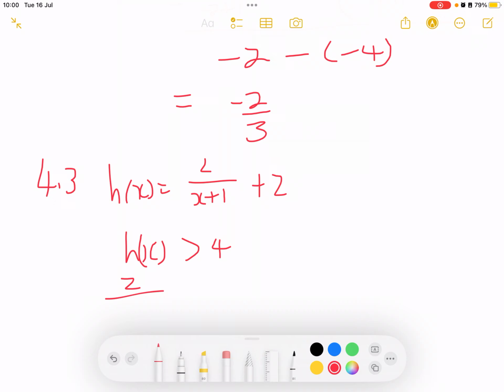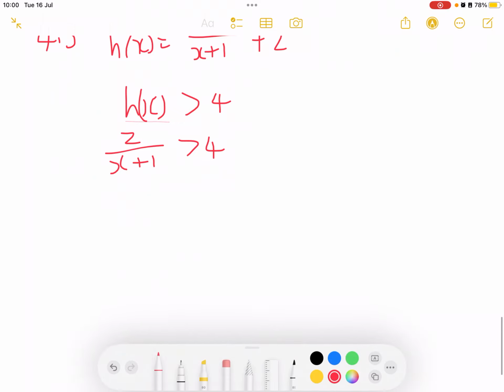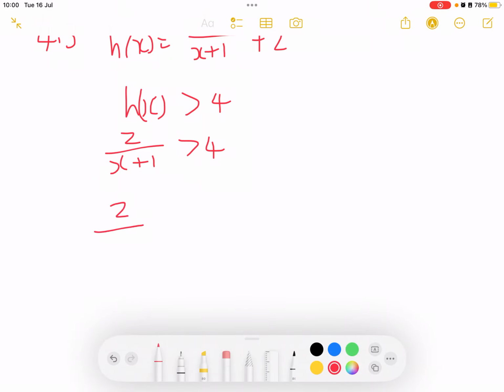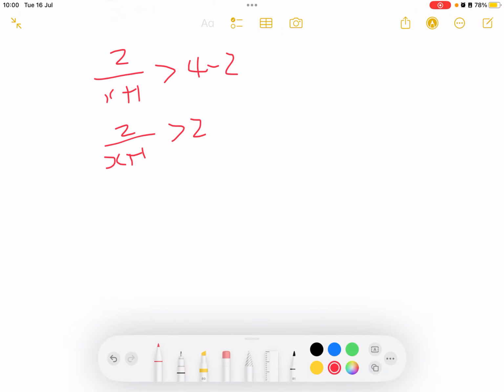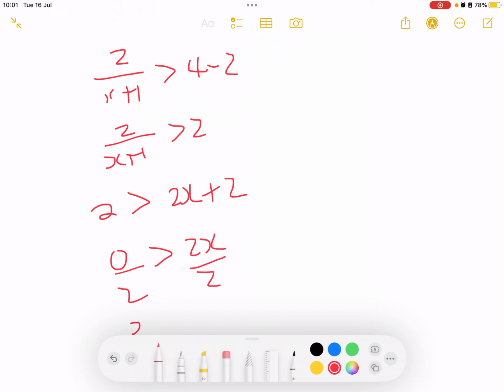Now, this means 2 over x plus 1 plus 2 is greater than 4, so 2 over x plus 1 is greater than 4 minus 2, giving us 2 over x plus 1 greater than positive 2. Now, if we cross multiply, we will get 2 greater than 2x plus 2. And then 0 is greater than 2x, divide by 2, and then x is less than 0.